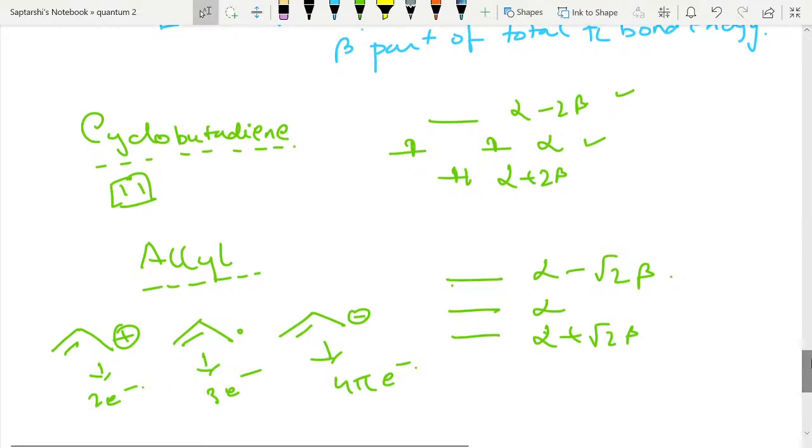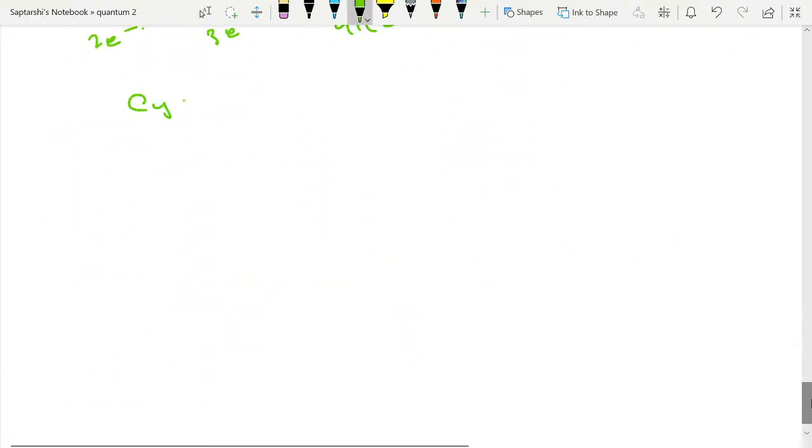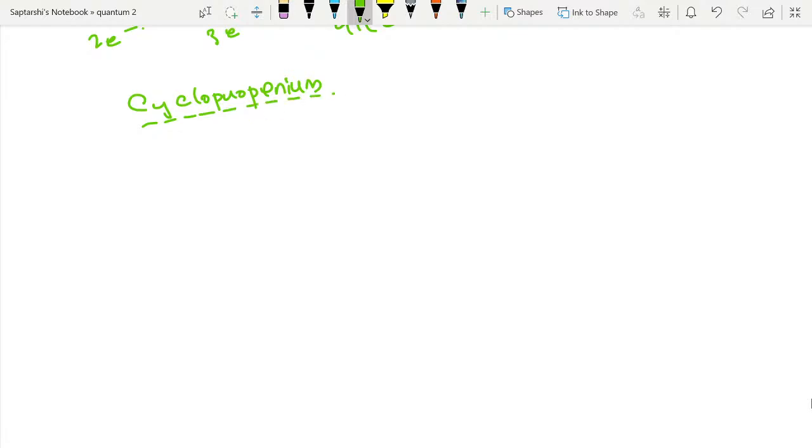Now for the cyclopropenium ion. There are 3 levels.